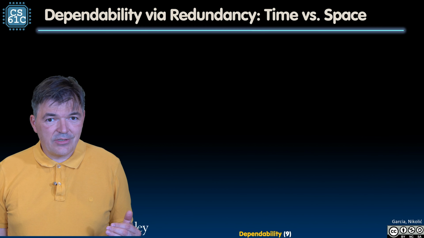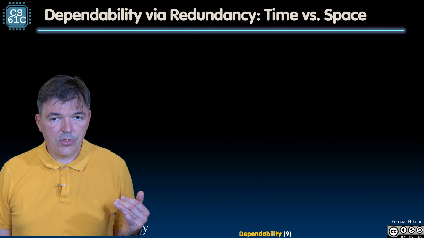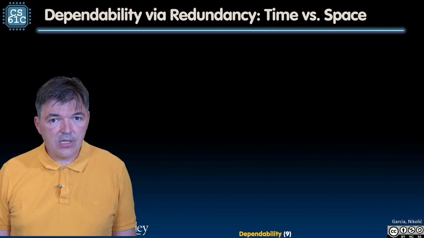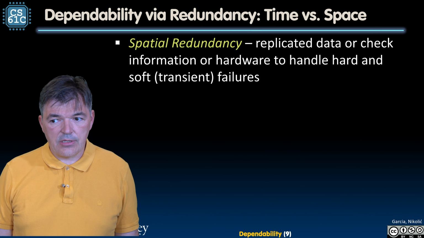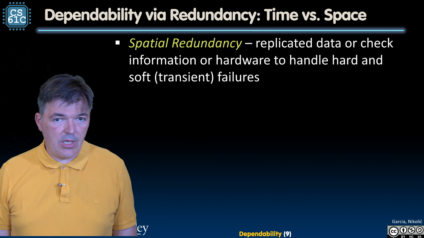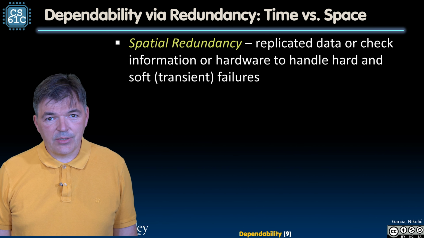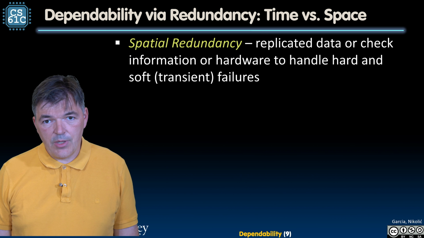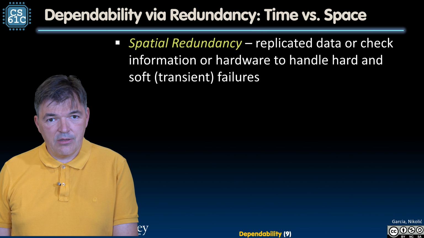When we talk about redundancy, we are going to see the use of redundancy in time and in space. Spatial redundancy means that we have multiple copies of something. We may have multiple copies of compute units, or more frequently, multiple copies of data. Multiple copies of data may exist in DRAM or in disks.